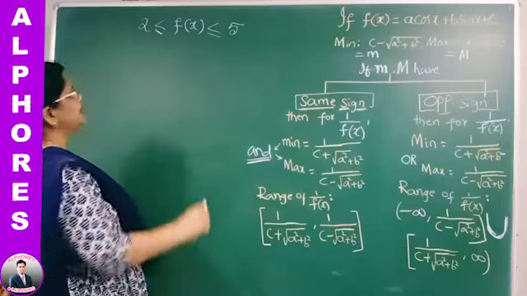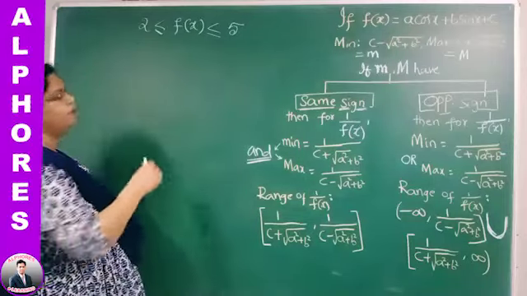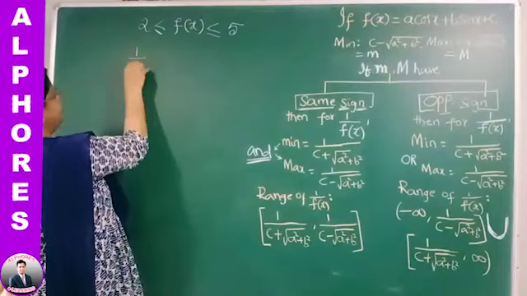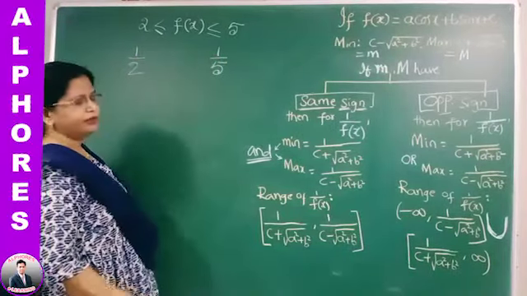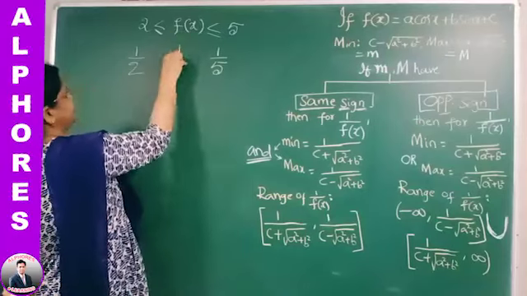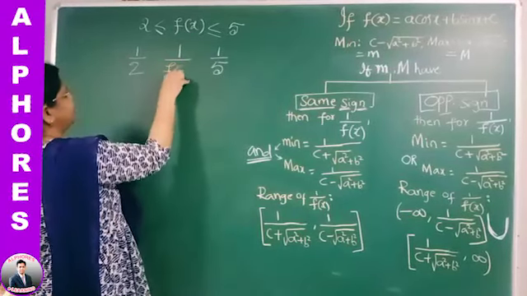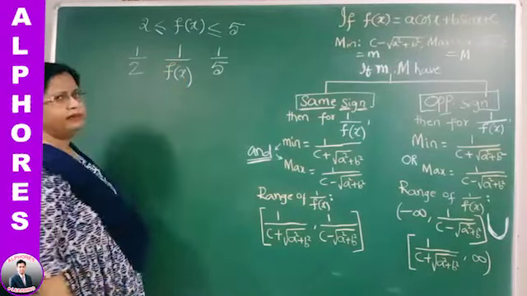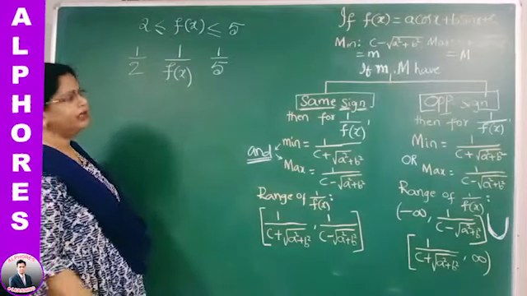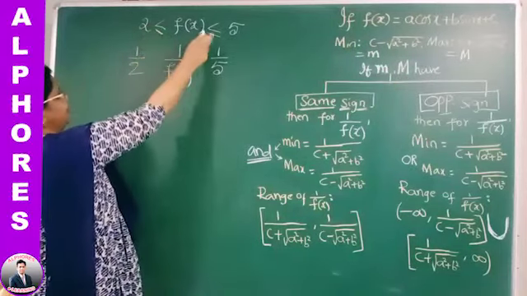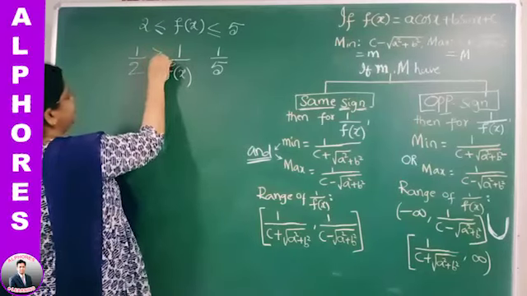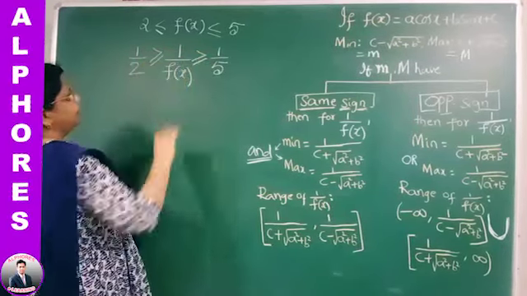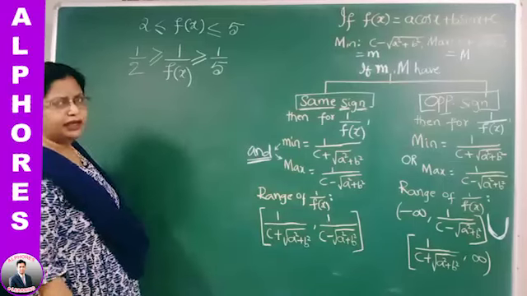The reciprocal gives 1 by 2 on this side and 1 divided by 5 on the other side, and this is 1 divided by f of x. So whenever you take the reciprocal of any function, we must change the inequality, that is the rule. So here you get greater than or equal to, and here also greater than or equal to.